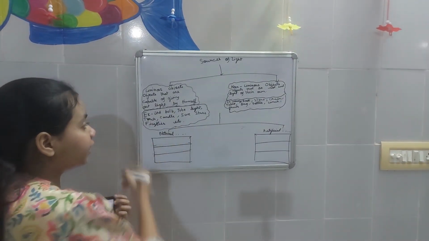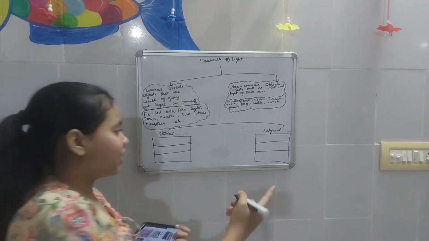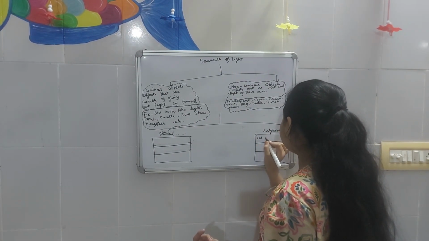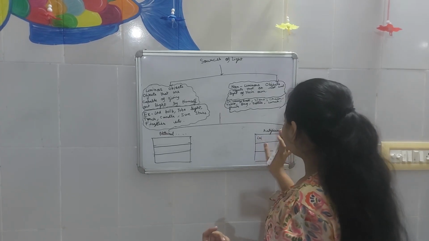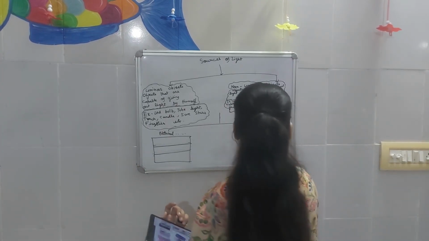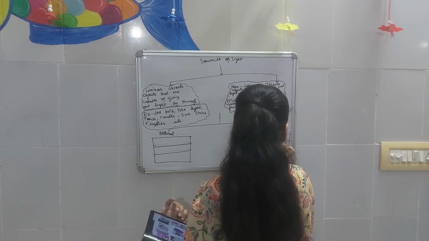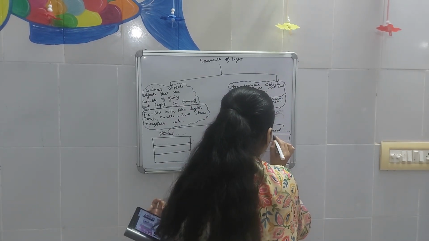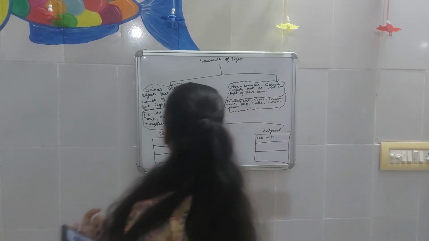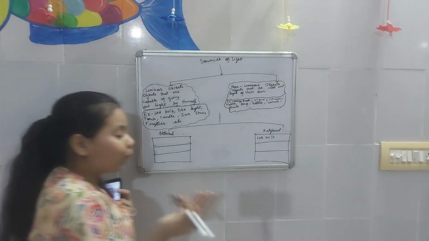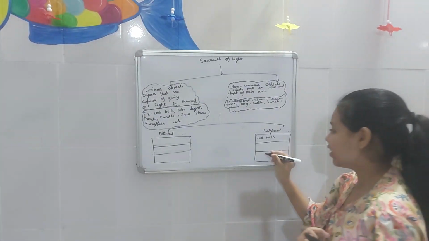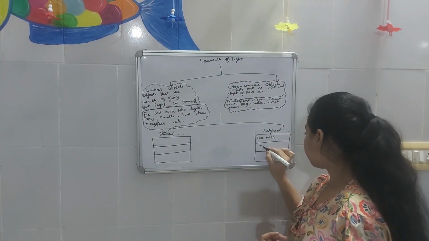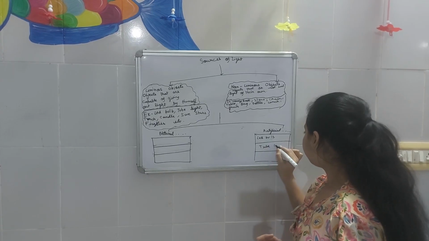So LED bulb, artificial, absolutely correct. Then what else? Tube light. Once again artificial.